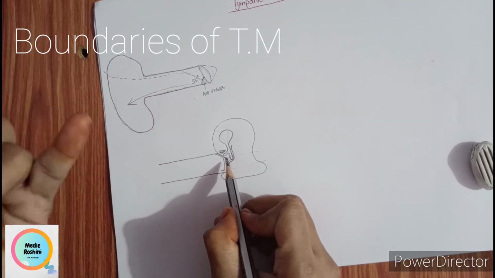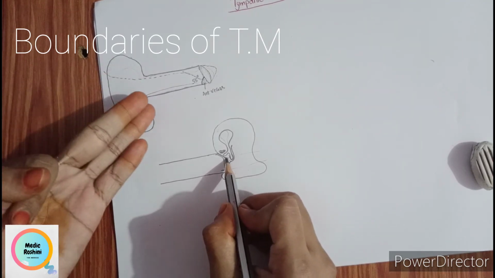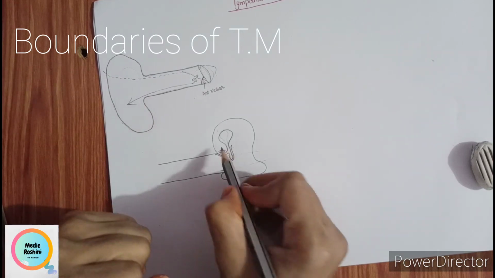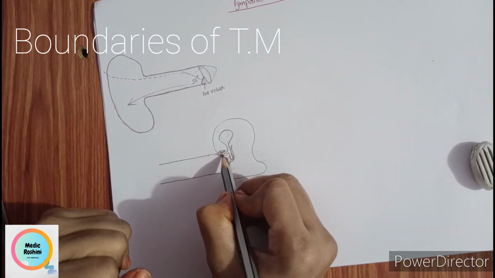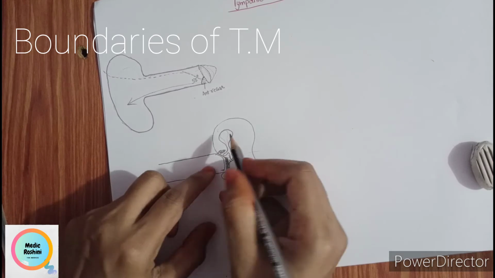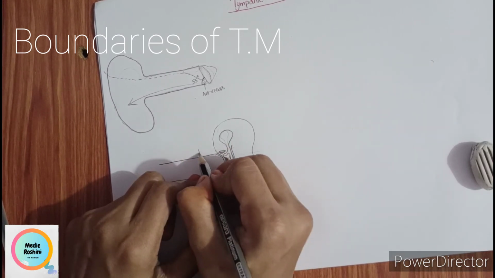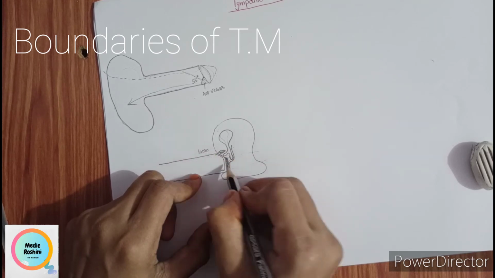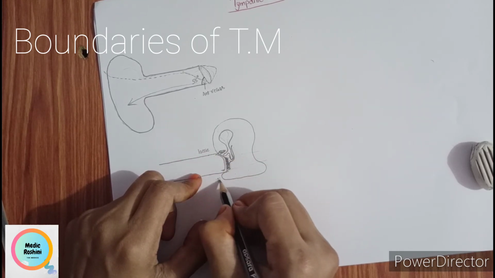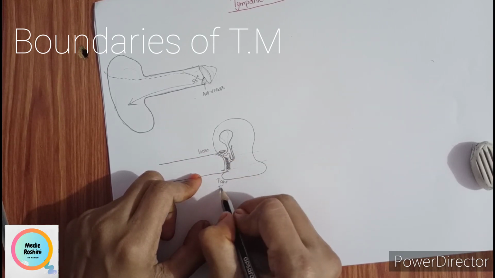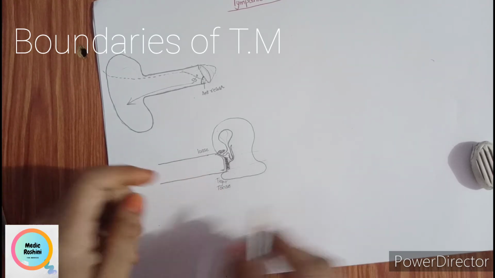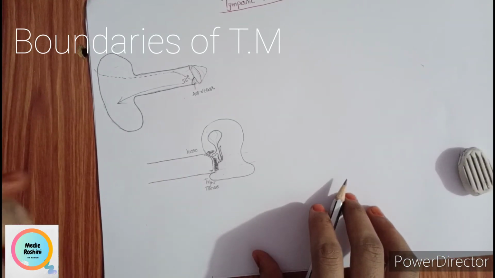Here we have the loose connective tissue, which doesn't have any fibers. So the pars flaccida is very loose and the pars tensa is very tight, that means very tense. This is about the pars tensa and pars flaccida.